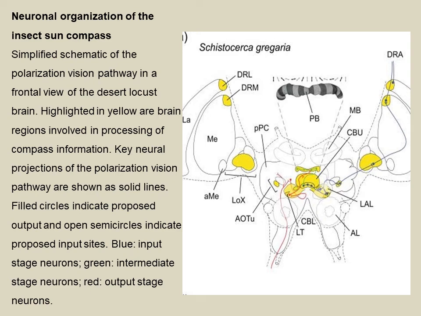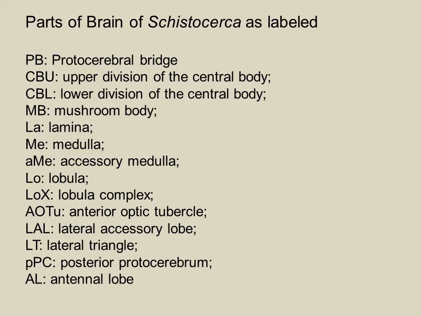So the brain and the nervous system of the locust is definitely involved in the sun compass mechanism of the desert locust. Now see, these are the parts of the brain which have been labeled here.